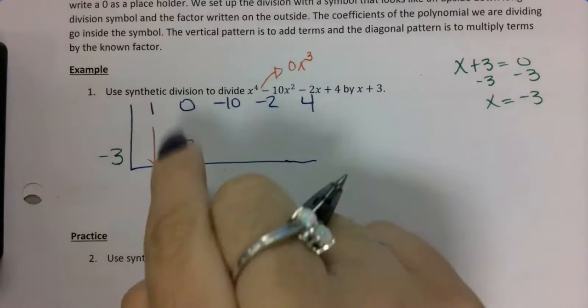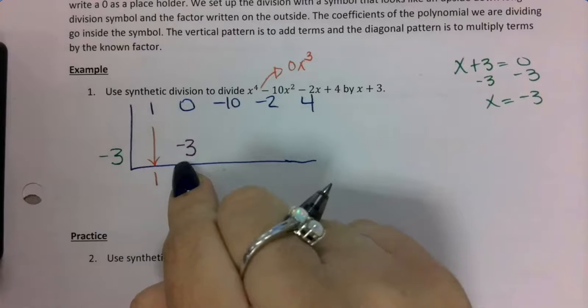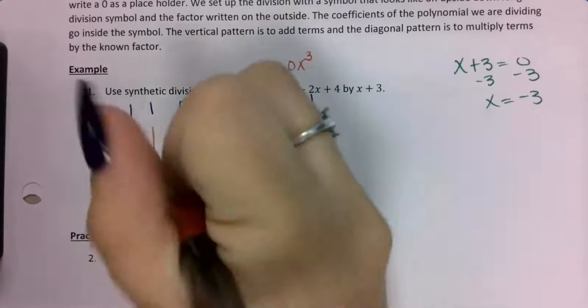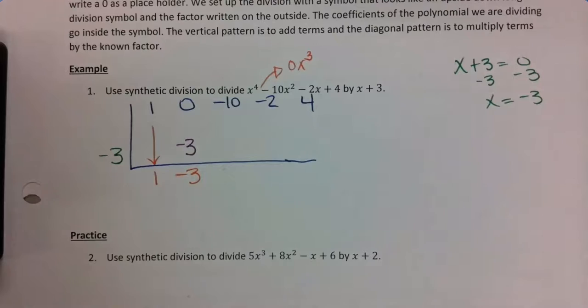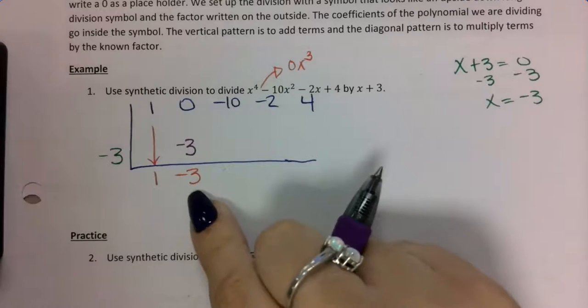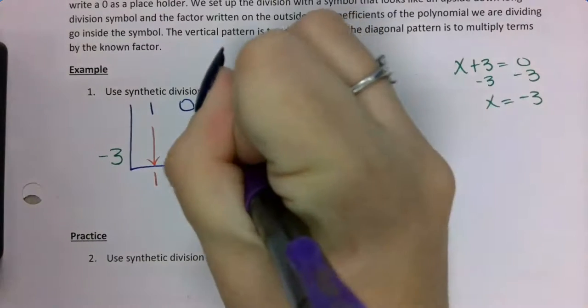And then I always add down. So I take 0 minus 3, which is negative 3. Then I take this negative 3 and multiply by the negative 3 out here, which gives me positive 9.